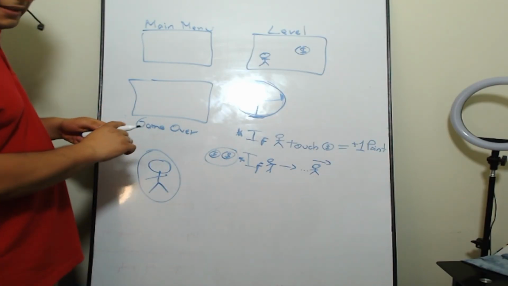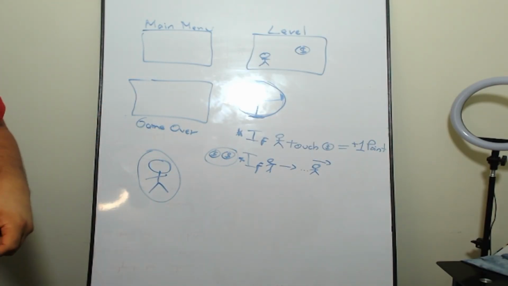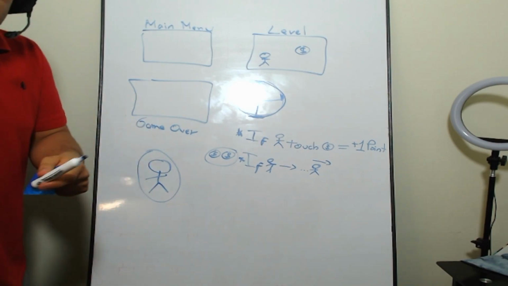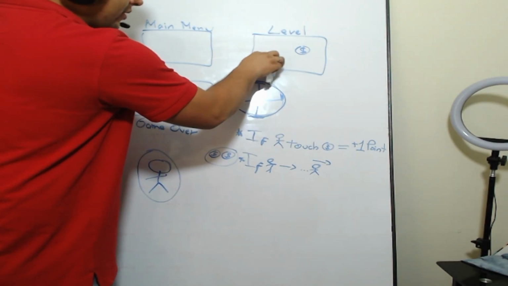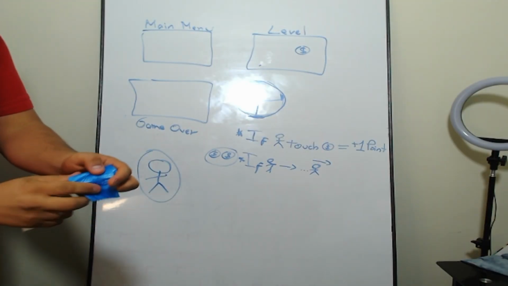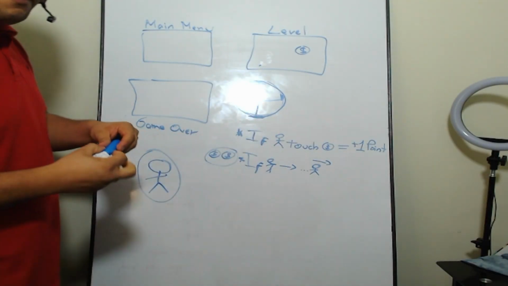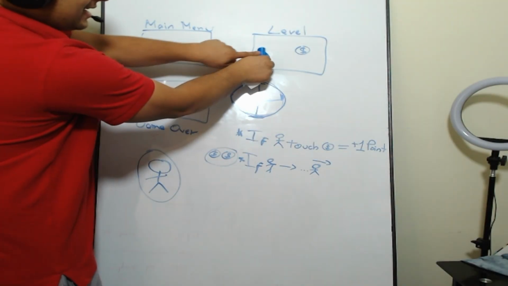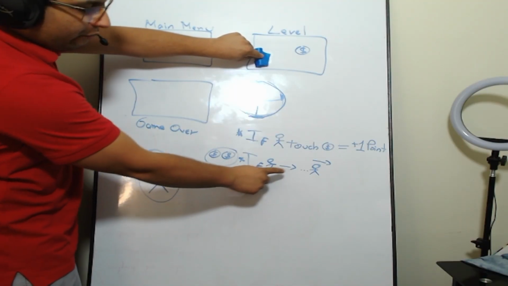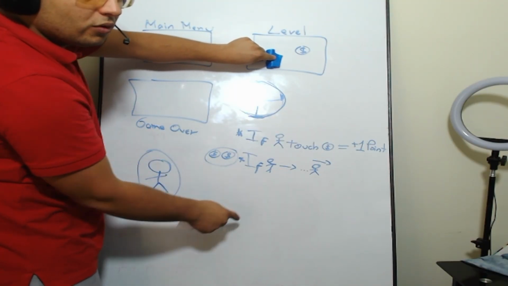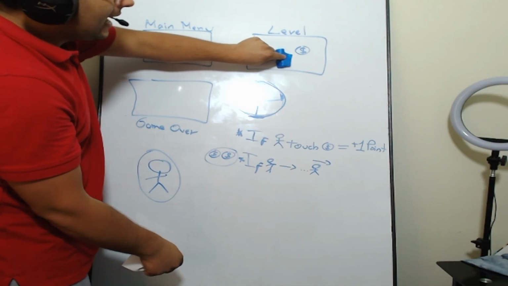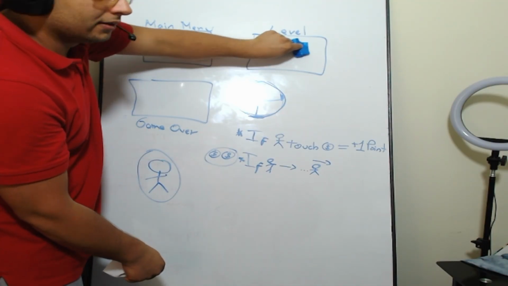So let's simulate this, and I'm going to make something different here just to make the example. We're going to erase our character. Remember that this character is blue, and we're going to represent it with this, okay? So if our character is here and the player presses the right button, the character will be moving little by little until it reaches the coin, okay?